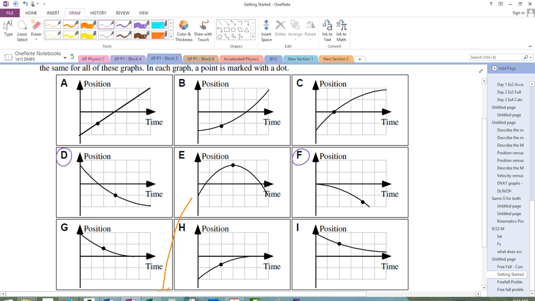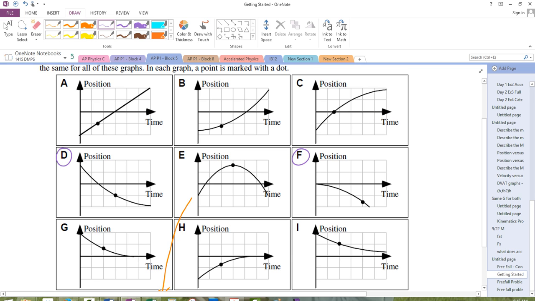Does that make sense? The slope is negative and it's getting more and more negative. What do you guys think about that? Yeah, this one is negative, negative, negative. So I think absolutely. And again, you could use your velocity. This one, the velocity is negative, but it's getting closer to what?